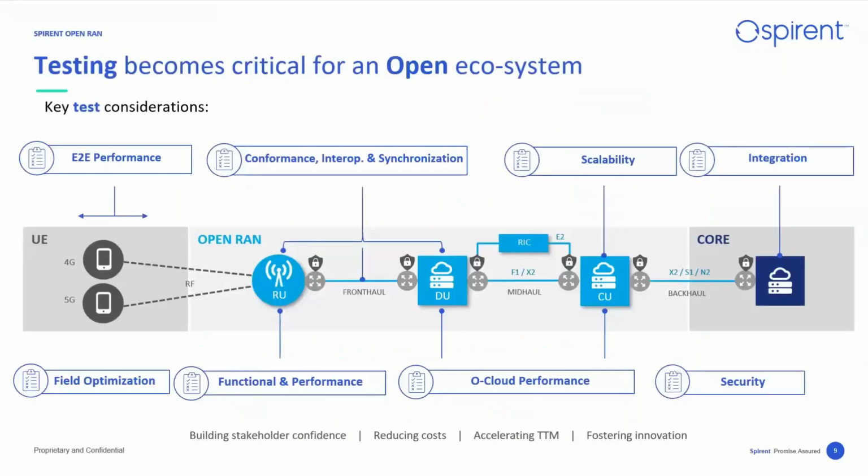So let's understand, having different nodes and components in the network, we need to test each node for its own set of challenges, and then end to end. On the device side, I only care how good my voice quality is, how good my applications are working or performing over this network, right?